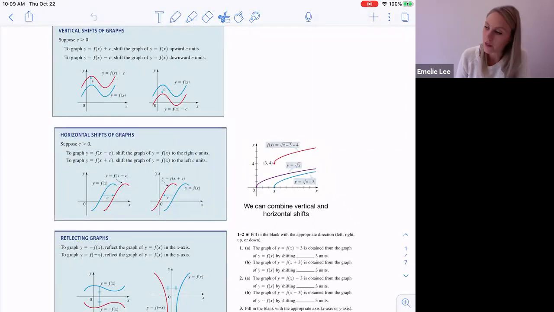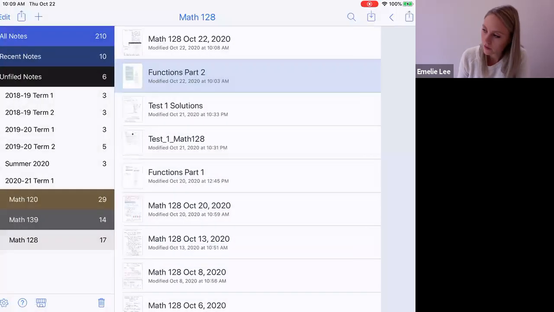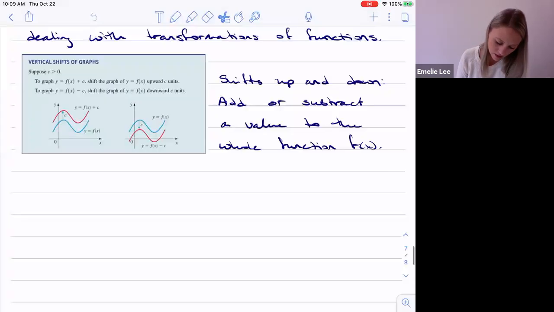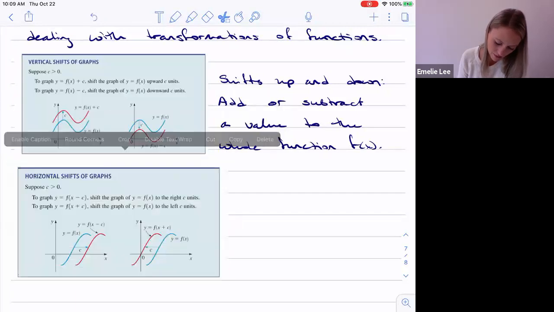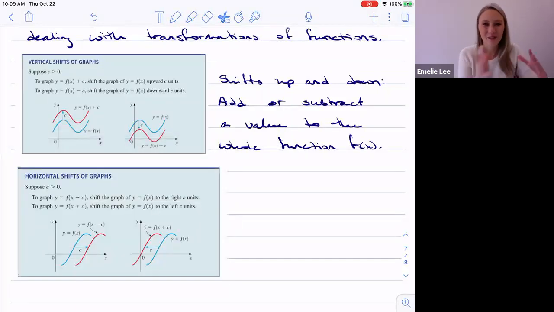We can talk about horizontal shifts of graphs. Horizontal shifts are, of course, kind of the same, but horizontally. Because you're shifting to the left or to the right, the value that you're manipulating is x.